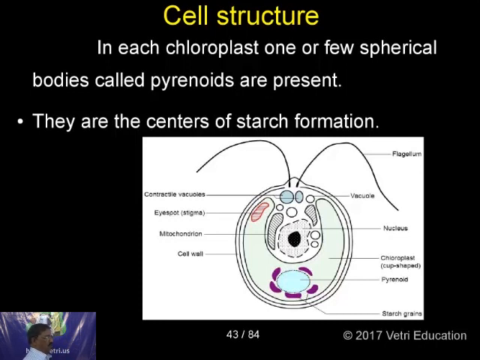Here an example of Chlamydomonas is given, where you can find the pyrenoid present inside the chloroplast. These pyrenoids are nothing but starch depositions. It is a protein part surrounded by layers of starch, that is called a pyrenoid.